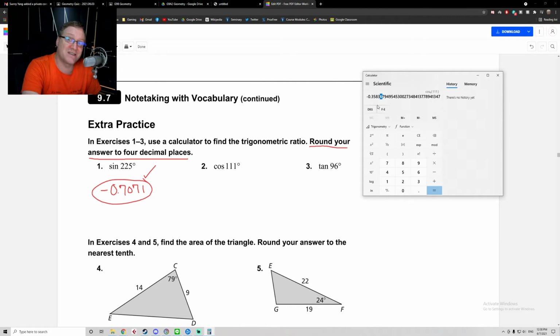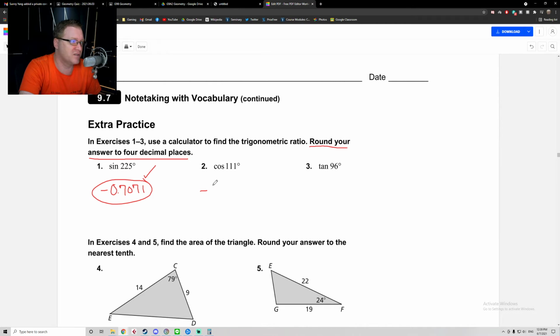Because 6 is greater than or equal to 5, we need to round up. So this 3 is going to become a 4. So the answer is negative 0.3584. All right, and that's our answer.